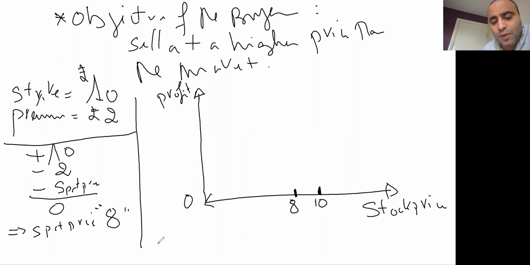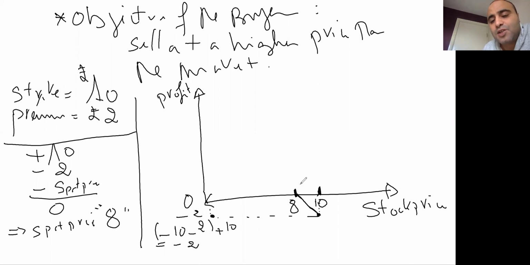In this case, he will buy it from the market at 10. He has already lost the premium, which is 2, and he will sell it at 10 again. That leaves him with minus 2 as the loss. So at this point, the loss that the person has made is actually 2. Link these 2 points together.